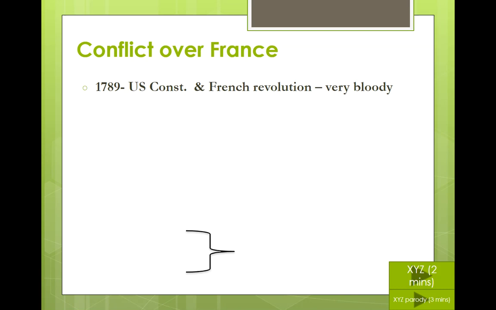But some people viewed the French Revolution as being too bloody, too violent, and therefore were totally against what the French were doing. Jefferson, of course, supported the French Revolution, and he, of course, was the former ambassador to France, so naturally he's going to go along with them.